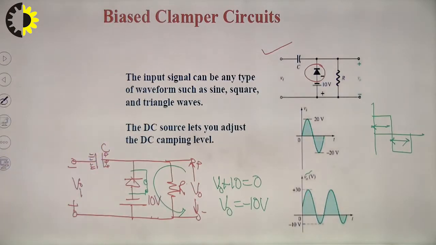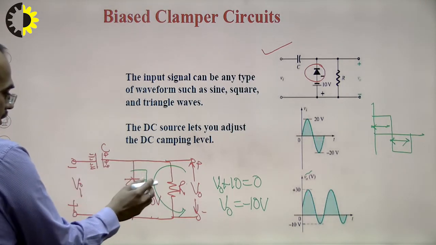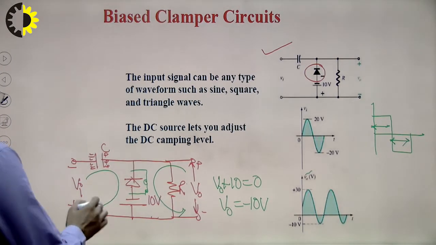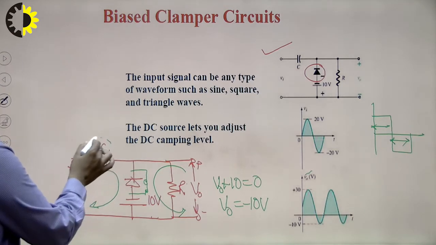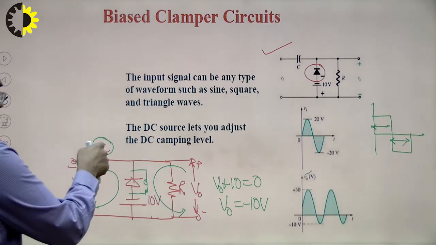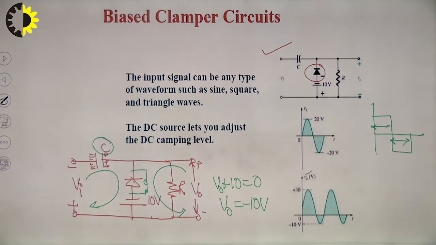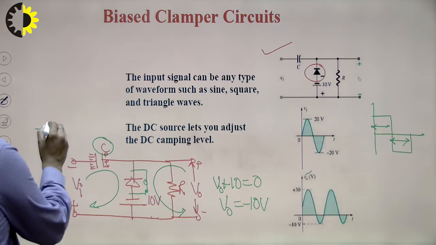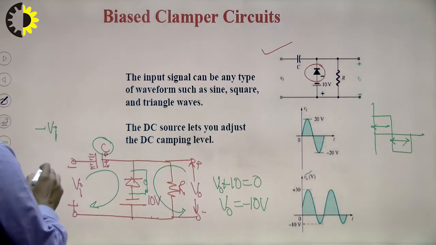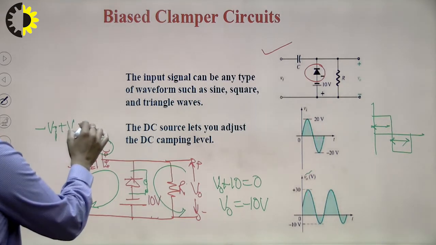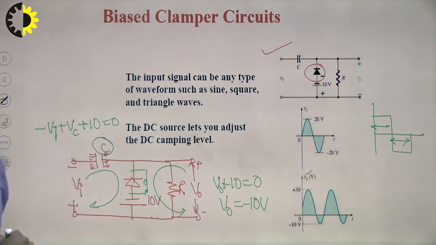One more thing, you have to find the voltage across this capacitor. When the diode is forward biased, you can find the voltage across this capacitor. This capacitor will charge up to the peak value of the input. By applying the KVL, you can get minus Vi plus Vc plus 10 is equal to 0.